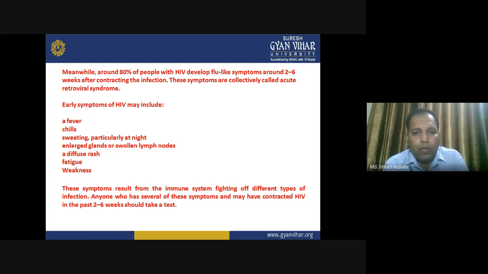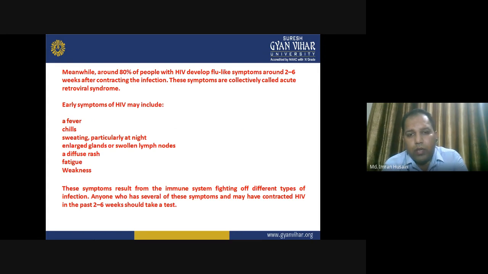Meanwhile, around 80% of people with HIV develop flu-like symptoms around 2 to 6 weeks after contracting the infection. These symptoms are collectively called acute retroviral syndrome.